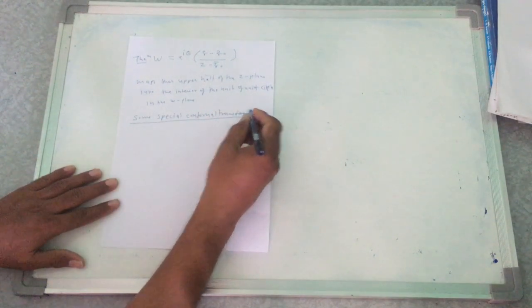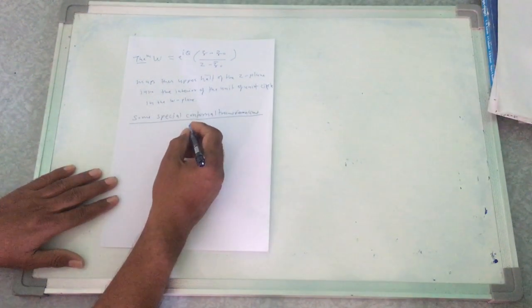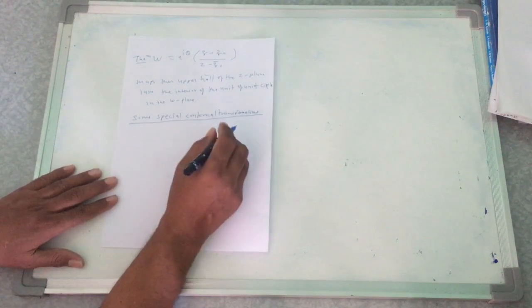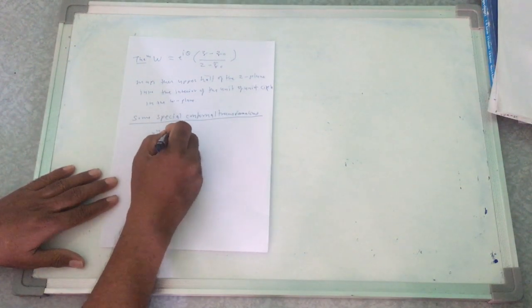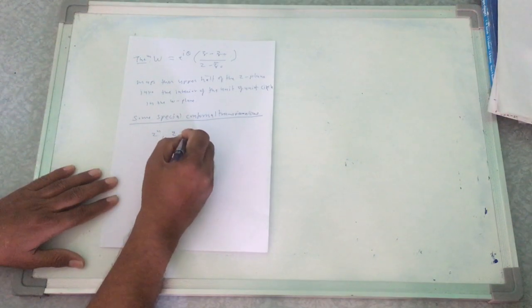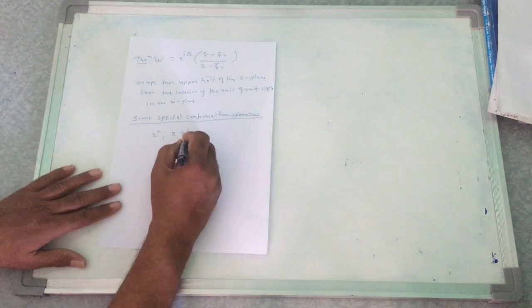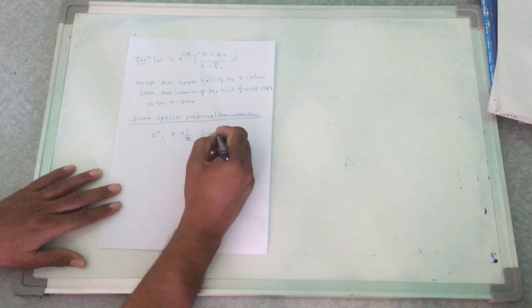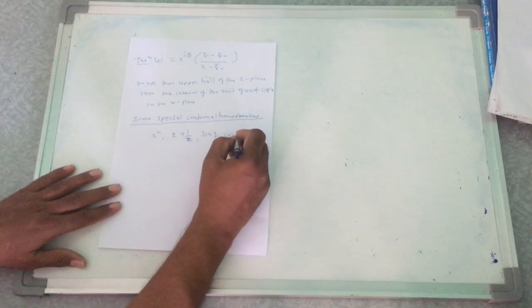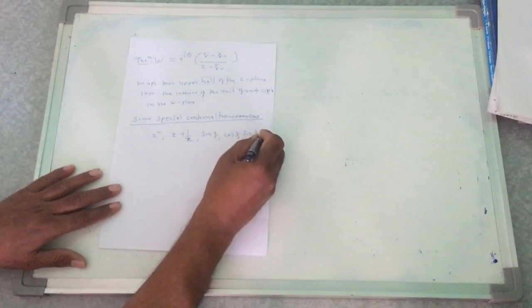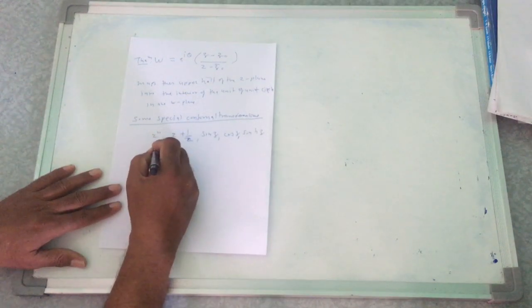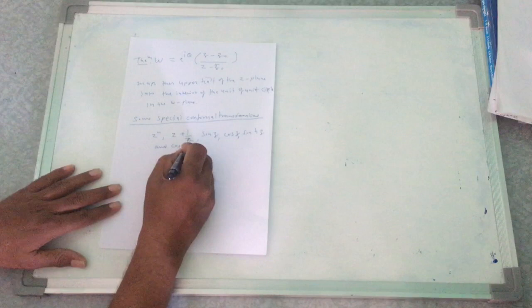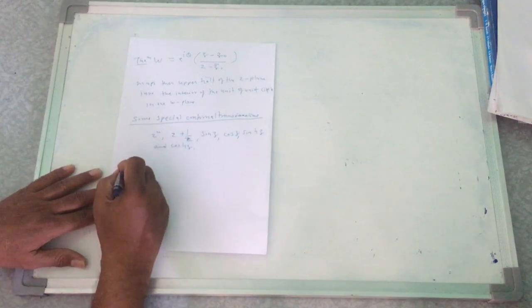In this section, we consider conformal mappings of the type Z to the power n, Z plus 1 upon Z, that is, sin Z, cos Z, sinh Z and cosh Z. Here mapping is there.